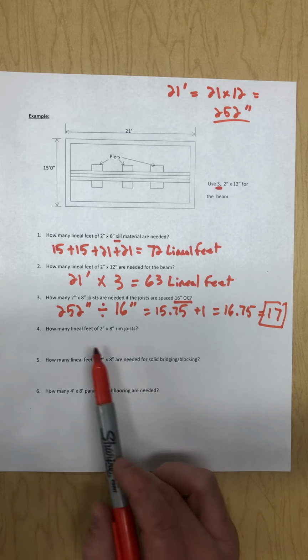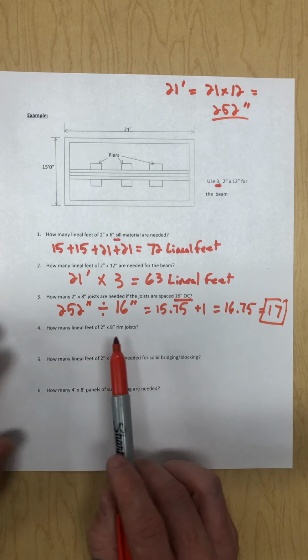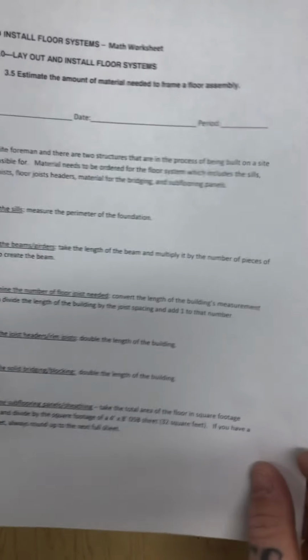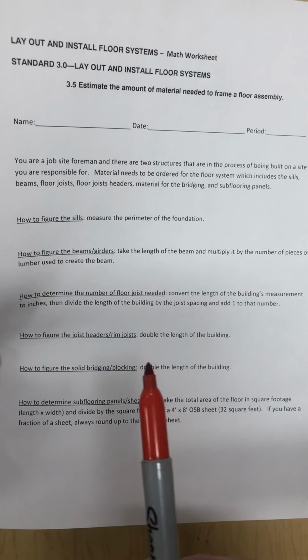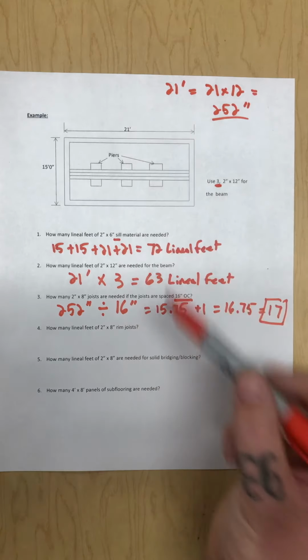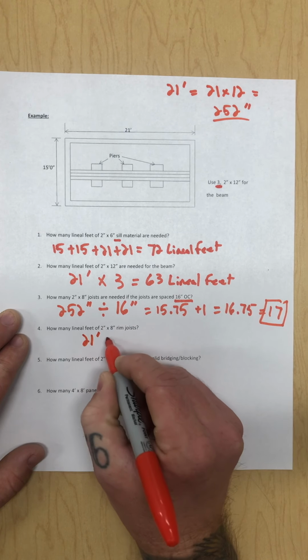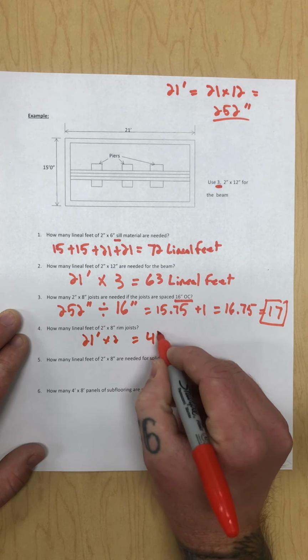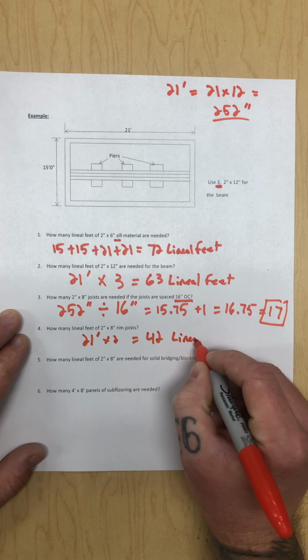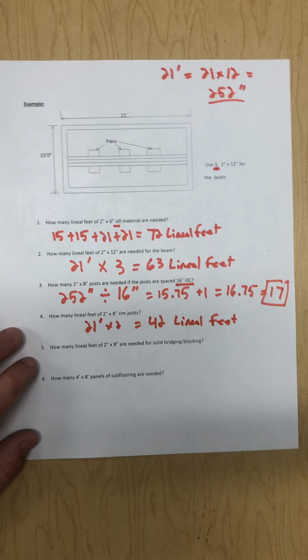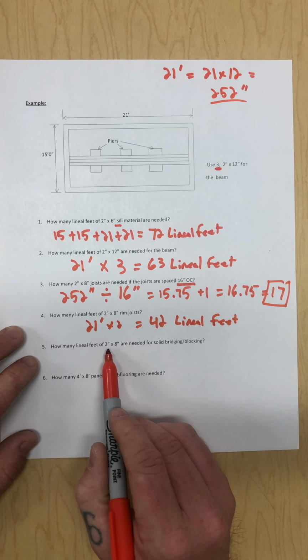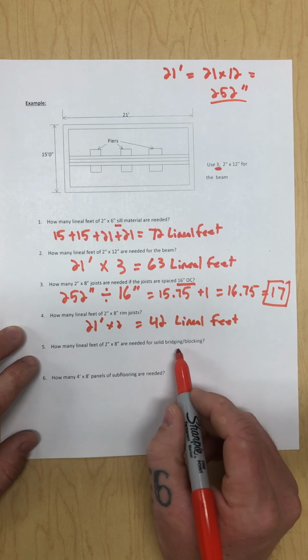Moving on to number 4, how many lineal feet of 2x8 rim joists? So we'll look here, how to figure joist headers, rim joist. We're going to double the length of the building. Our length is 21, so 21 feet times 2 is 42 lineal feet. How many lineal feet of 2x8s are needed for the solid bridging or blocking?